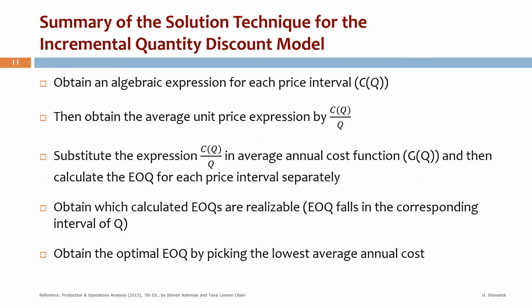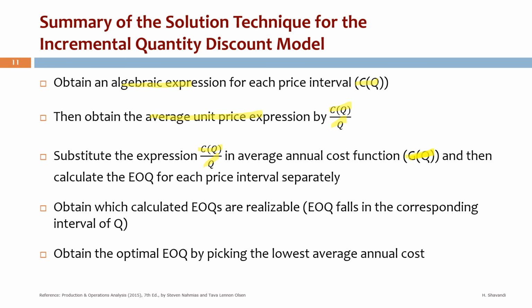So to summarize the procedure for solving the incremental discount model, at first we obtain an algebraic expression C(Q) for each price interval, and then by dividing that C(Q) by Q, we obtain the average unit purchase price, and then we substitute C(Q) over Q in the average annual cost for C. So we have a unique G(Q) for each price interval, and then to obtain the EOQ for each price interval, we need to take the first derivative of that function with respect to Q, set it to 0, and solve that equation for Q. By doing that, you obtain the EOQ for each price interval.